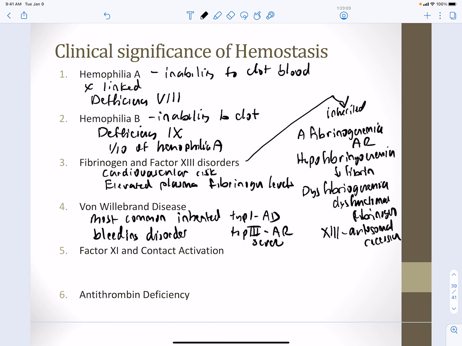Okay, you also have factor 11 and contact activation. This is where you have that negative charge on the surface of your collagen or your extracellular matrix, and it triggers factor 11, prekallikrein, and high molecular weight kininogen to interact. So defects in this lead to injury-related bleeding deficiencies.